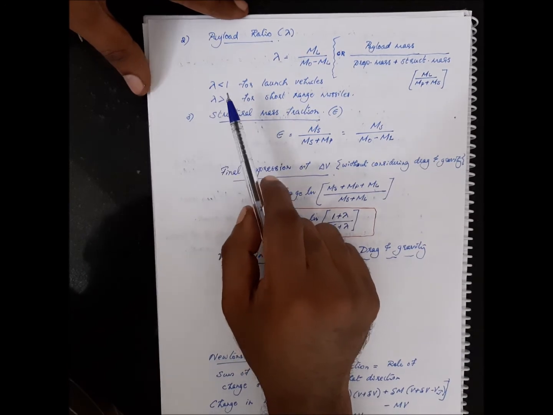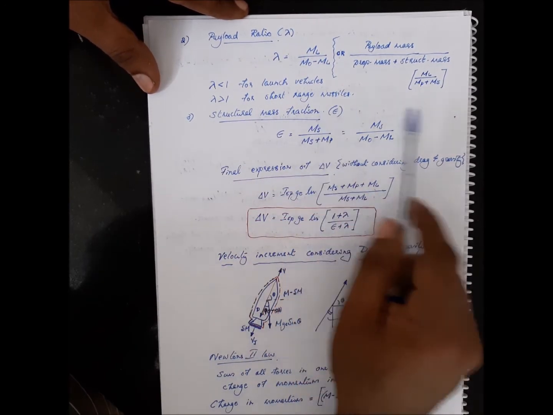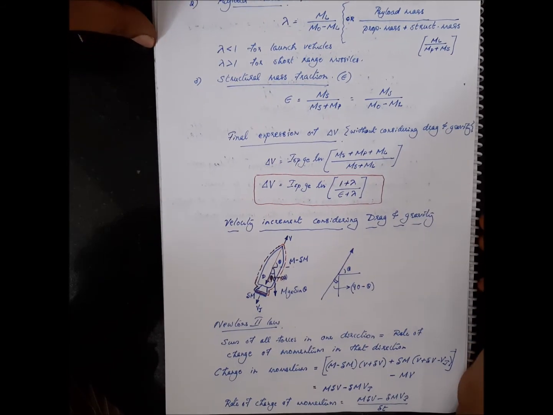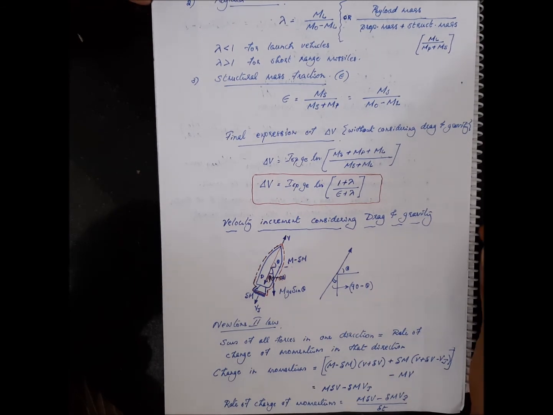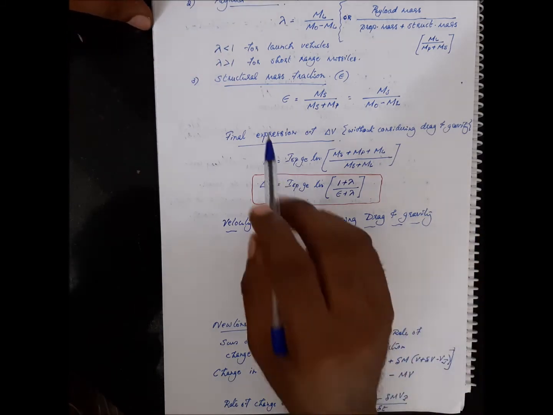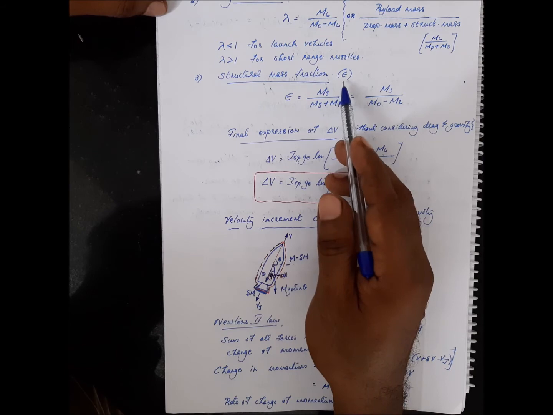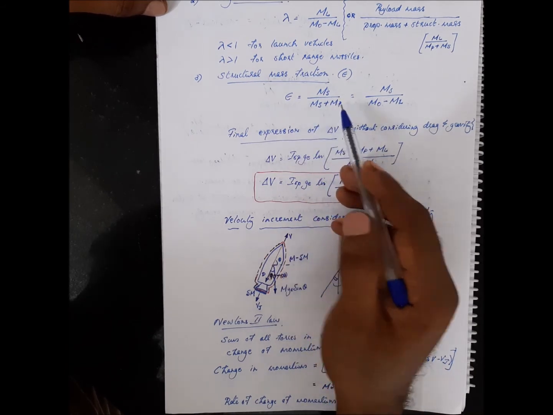Usually lambda is less than 1 for launch vehicles. Lambda is greater than 1 for short range missiles. For the purpose of military or missiles, the payload is maybe a bomb or something like that, so we have to consider that as greater than 1. The structural mass fraction is indicated as epsilon. Epsilon is equal to ms divided by ms plus mp.